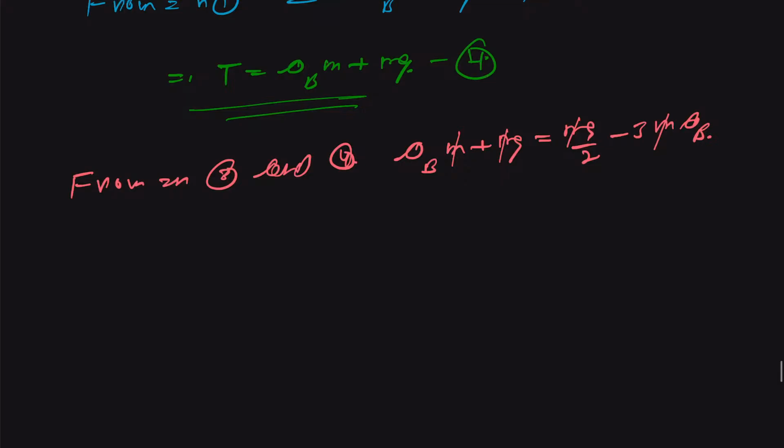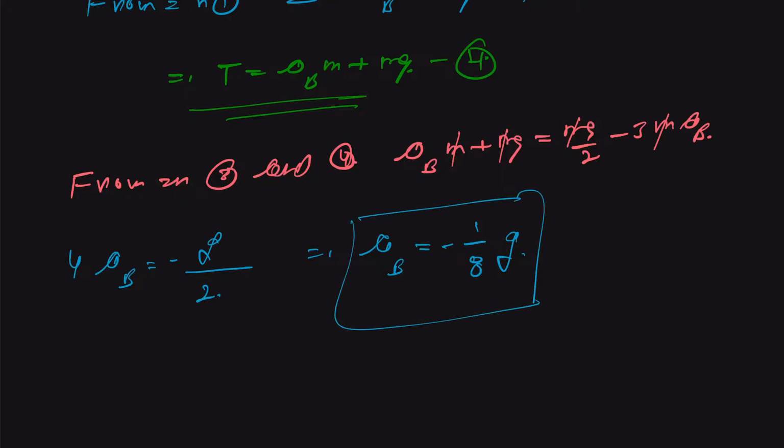Okay, so we get this as 4A of B is equal to minus g upon 2, and therefore we can say that our A of B is equal to minus 1 by 8 times g. So it means it is moving in downward direction. Okay, because we have taken initially that it is moving upward, so obviously downward.